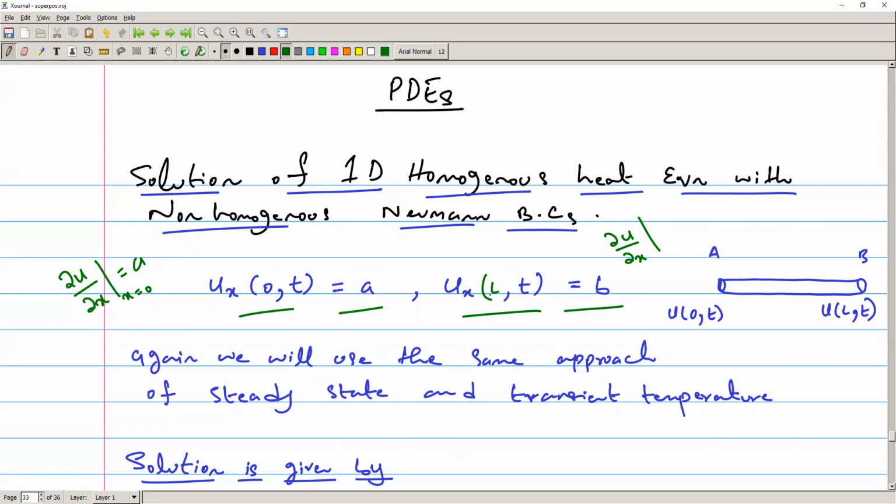Here it is L comma t, right? At x equals L equals B. So again, we will use the same approach of steady state and transient temperature, because now these are non-homogeneous boundary conditions, right? So we will have two solutions, one is steady state and the other transient temperature, right?